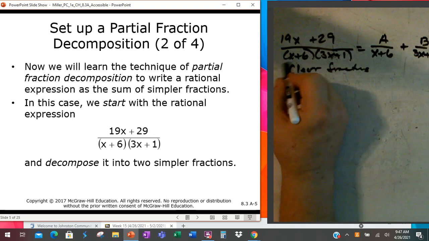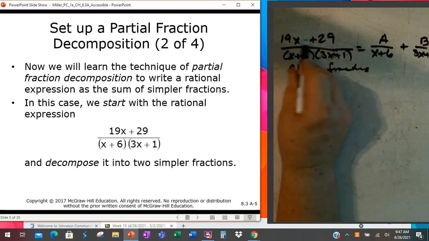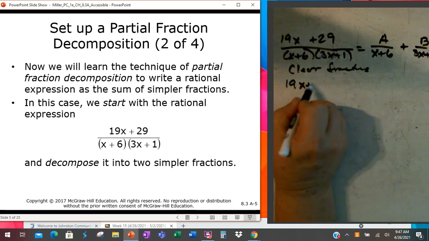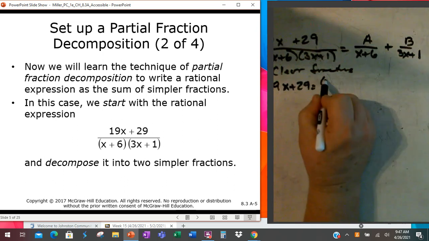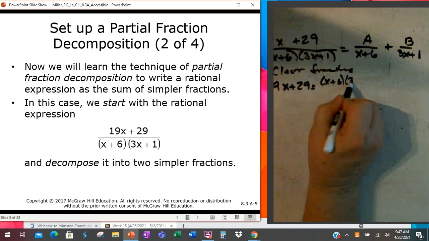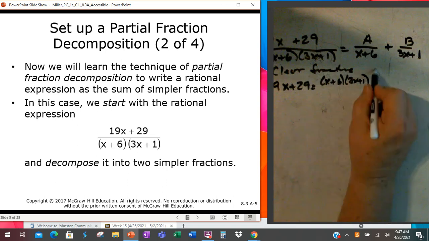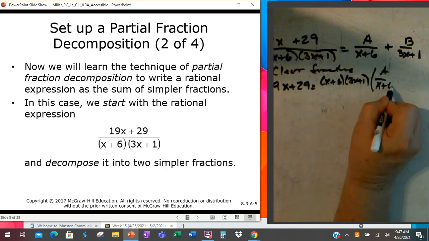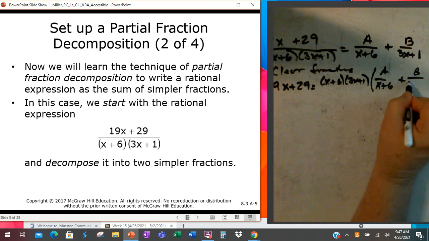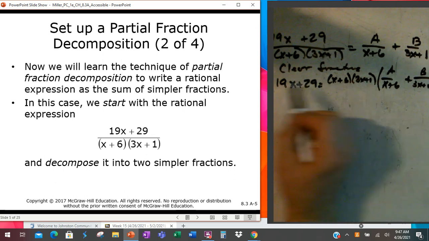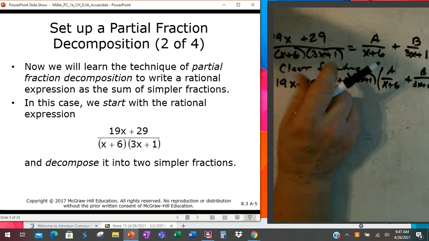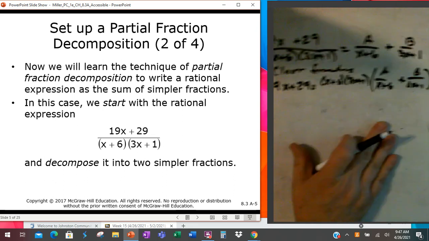So here, if I multiply both sides by this, I'm just going to have the 19x plus 29. Okay, and then on this side, my x plus 6, 3x plus 1, like that. Okay, so I've multiplied both sides over here. Both of these factors cancel, and then I'm left with this.